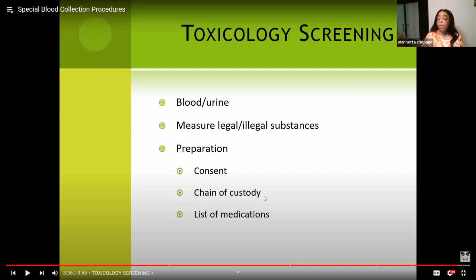So fairly, the courts need to know that Miss Chopin didn't take anything illegal, it's all prescribed to her. The judge would need to know that.